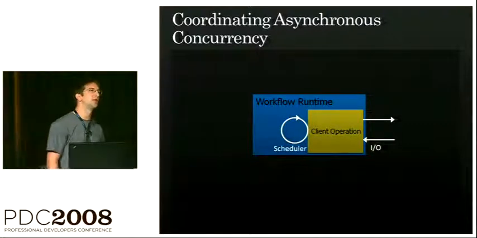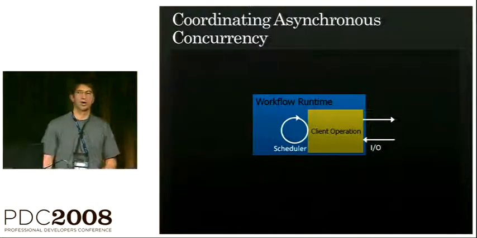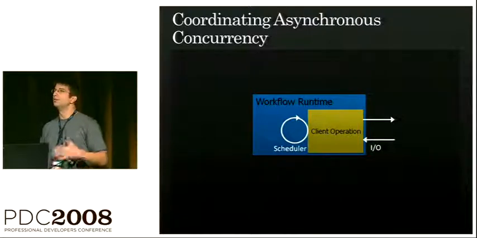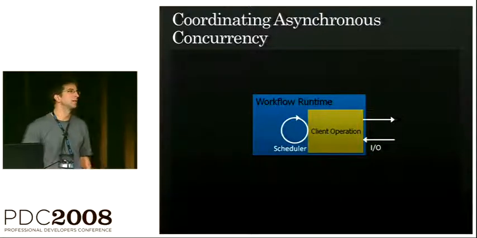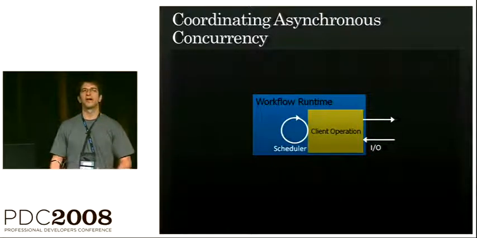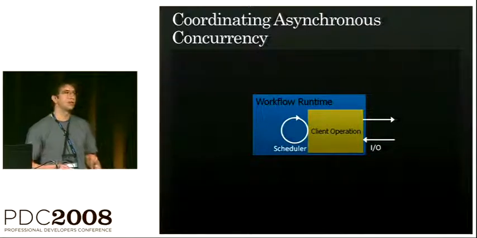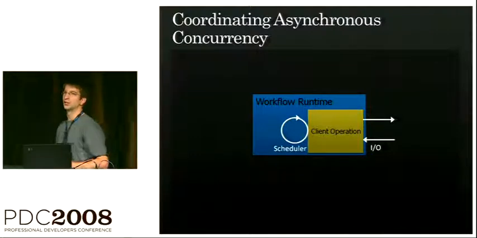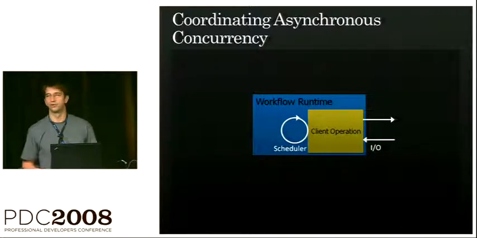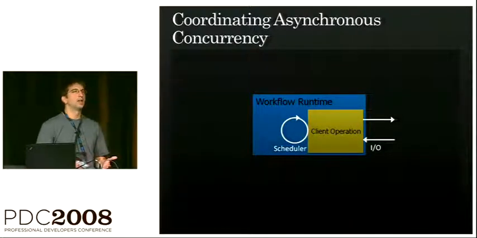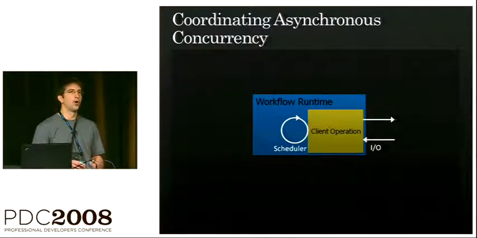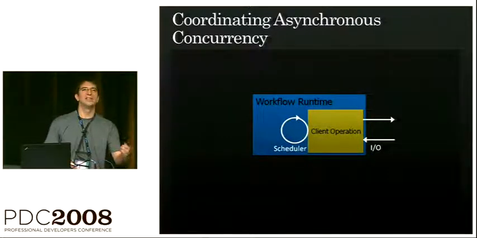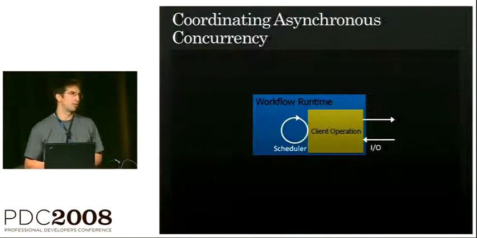If you went to Kenny's talk, you heard about how the workflow runtime has gotten a significant overhaul, dramatic increases in performance, a new activity model that allows you to define your programs in a completely declarative fashion, finer grain instance control and predictability of execution. Another thing that we've done in the 4.0 runtime is we've enabled activities to coordinate async work with that runtime.